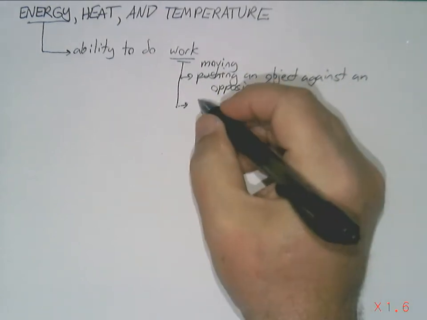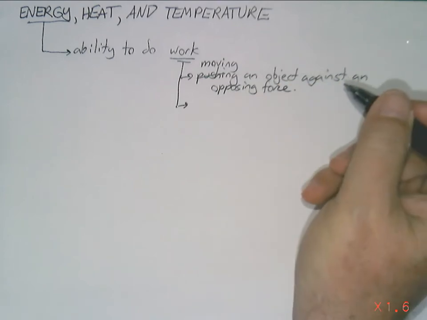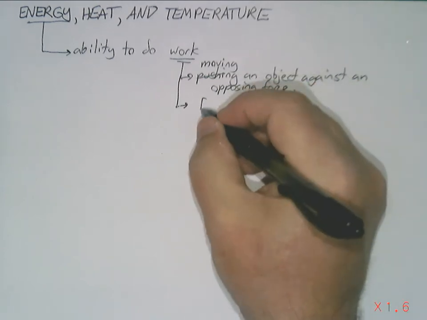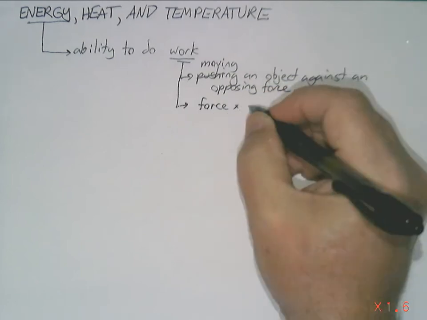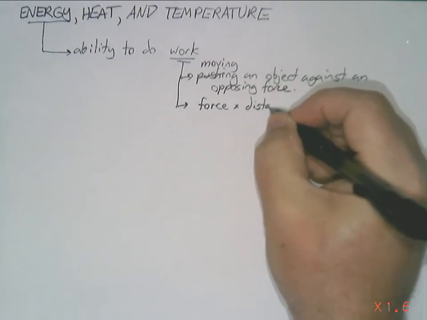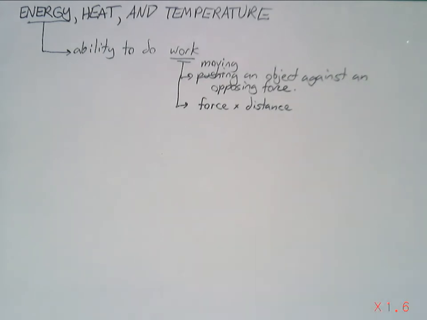Work is, since it's moving an object against an opposing force, you take the size of that force and you multiply it by the distance that you move it through. And that is the amount of work that you did.